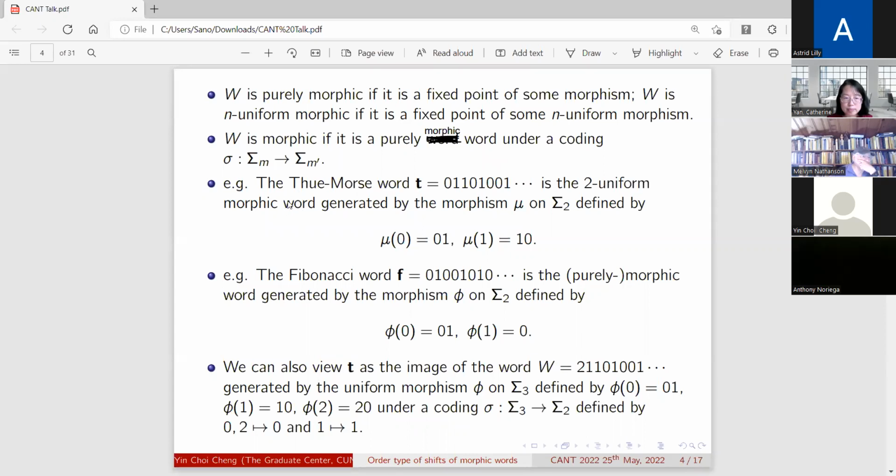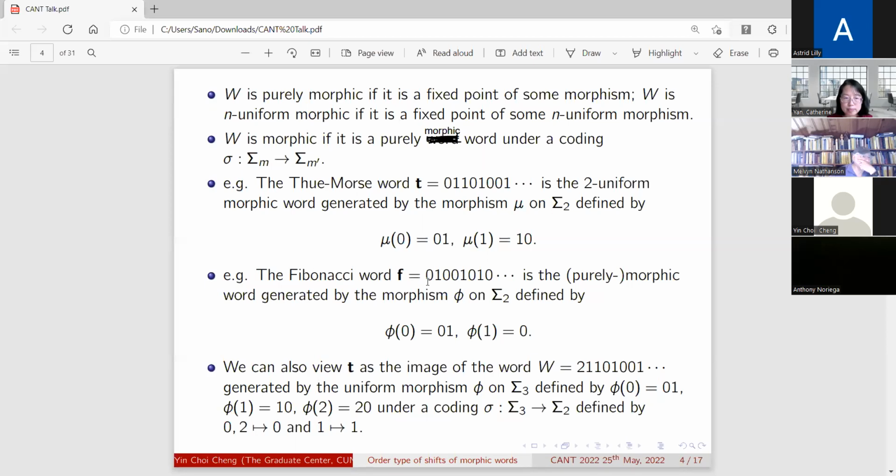And here are some examples. First one, the Thue-Morse word with prefix 01101001. This is the two-uniform morphic word generated by the morphism mu on sigma 2 defined by mu of 0 equals 01, and mu of 1 equals 10.